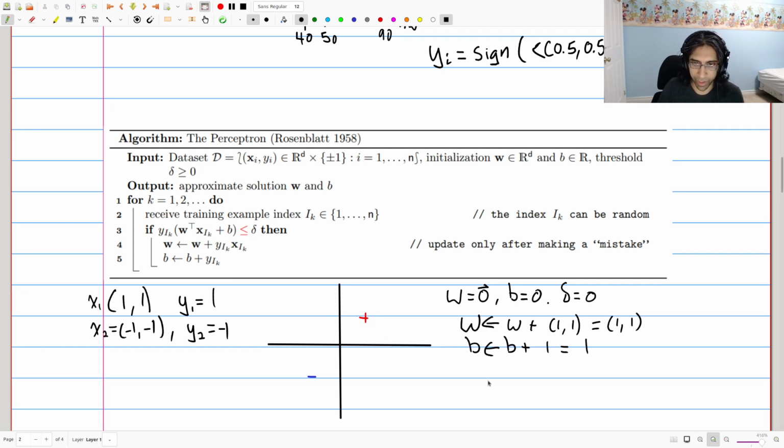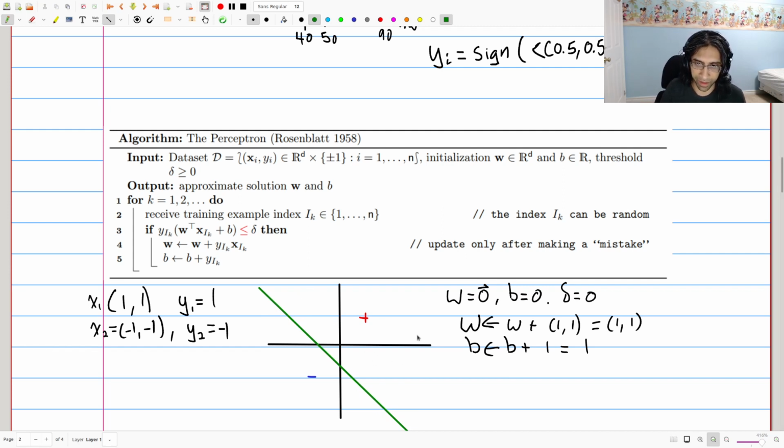So now what we have is some pair of w and b. And now we're just going to run on the second point. But before we proceed with going to the second point, let's see what this looks like. Let me try to draw for you what this classifier looks like. It's going to look something like this roughly.